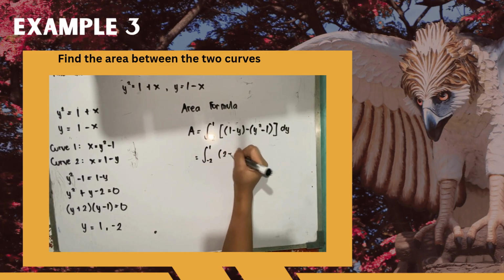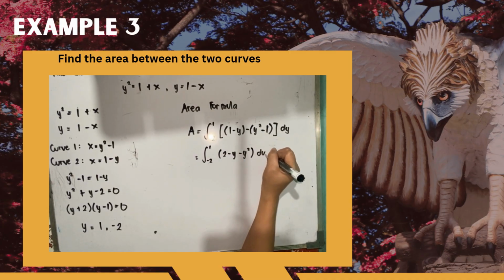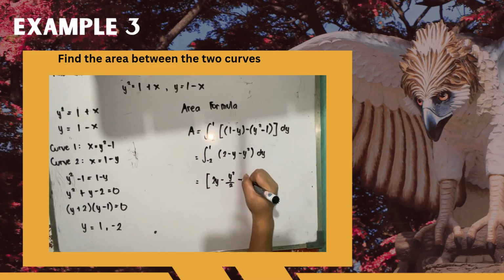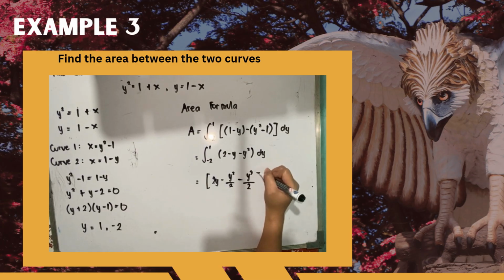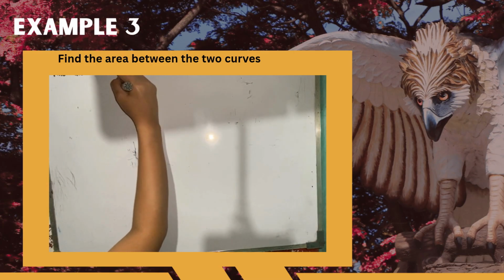We have 1 minus y minus y squared plus 1, which equals 2 minus y minus y squared. So we have the integration of 2 minus y minus y squared dy. So now we have 2y minus y squared over 2 minus y cubed over 3. So we have now our final answer, 9 over 2.